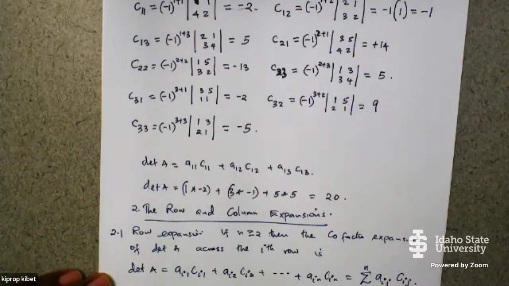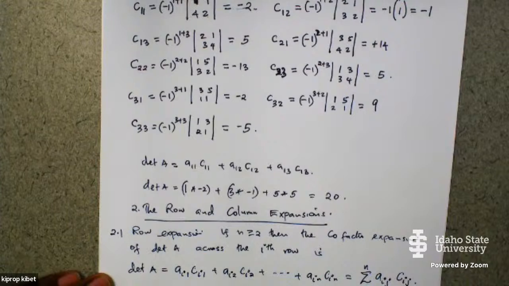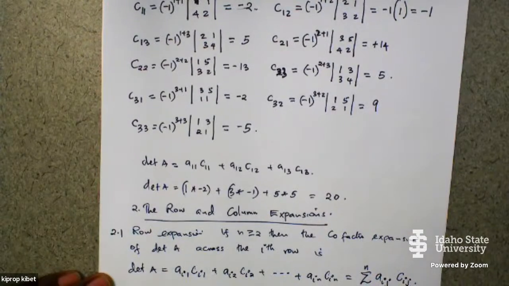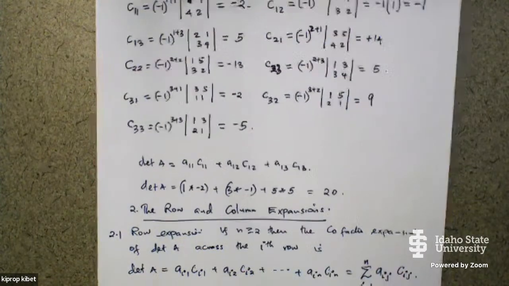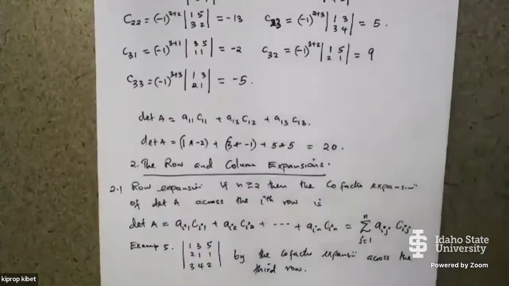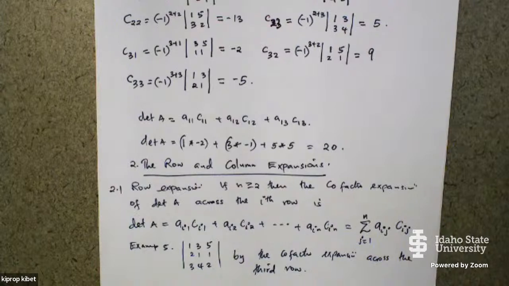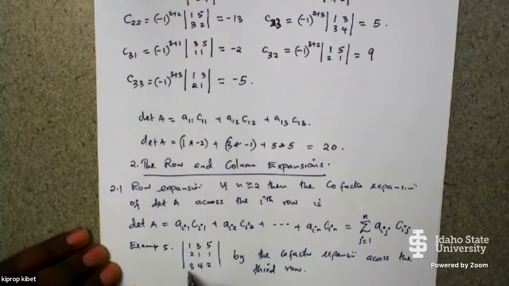Find the determinant of the matrix 1, 3, 5, 2, 1, 1, 3, 4, 2 by the cofactor expansion across the third row. Let's use the third row here.